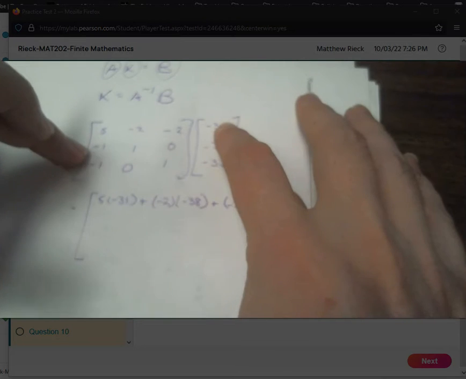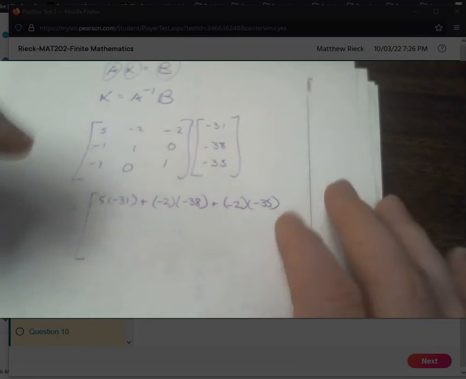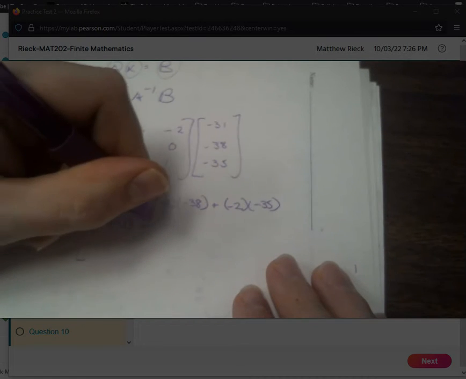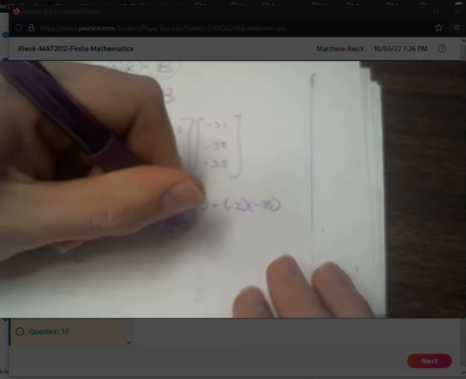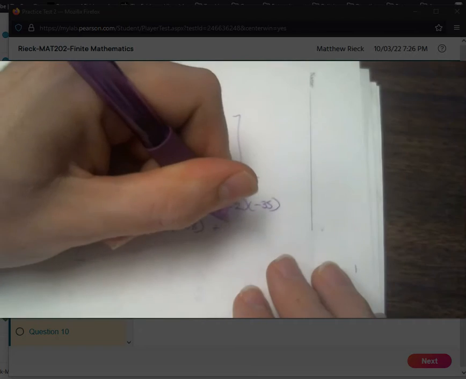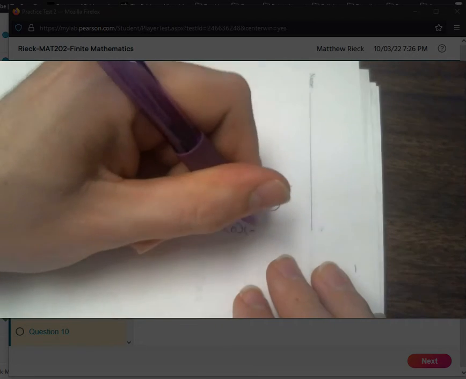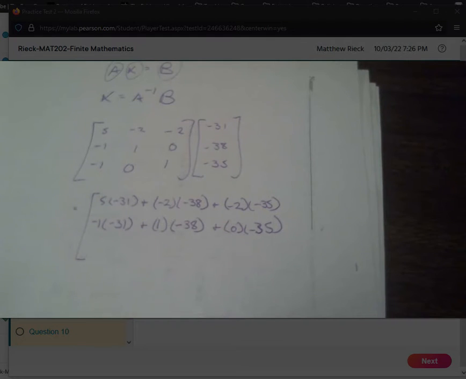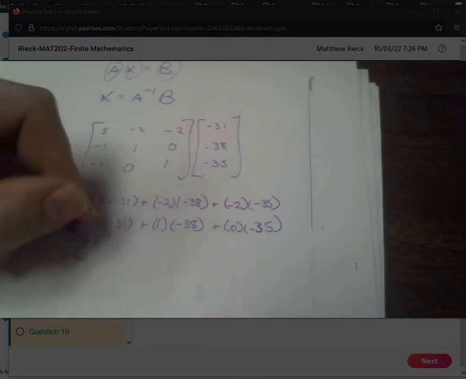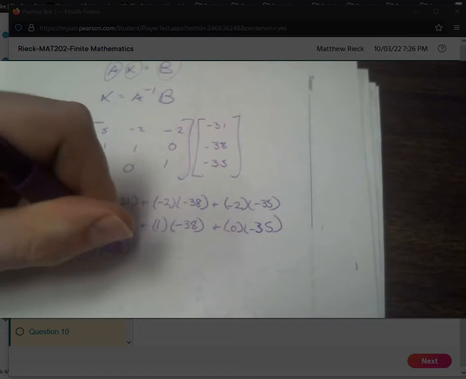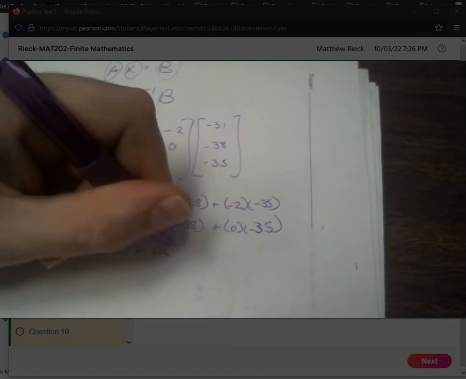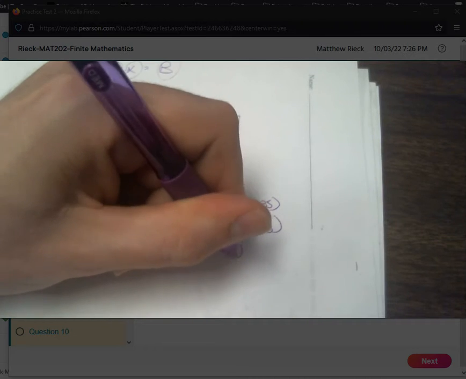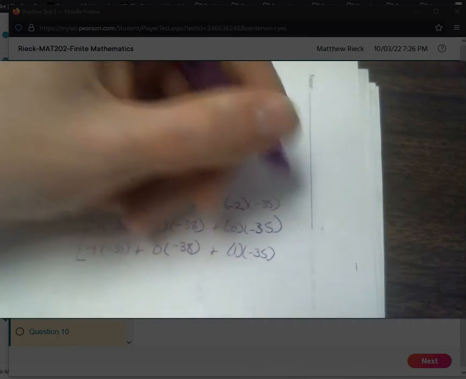For the second row, you have -1 times -31 plus 1 times -38 plus 0 times -35. And finally, for the third row, take -1 times -31 plus 0 times -38 plus 1 times -35.